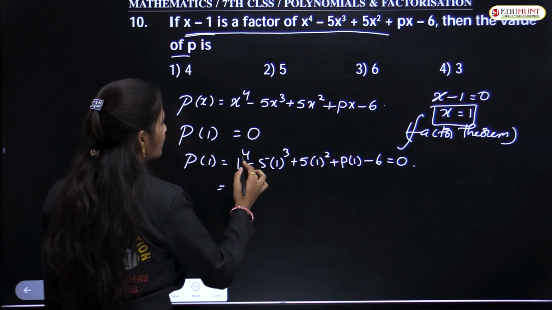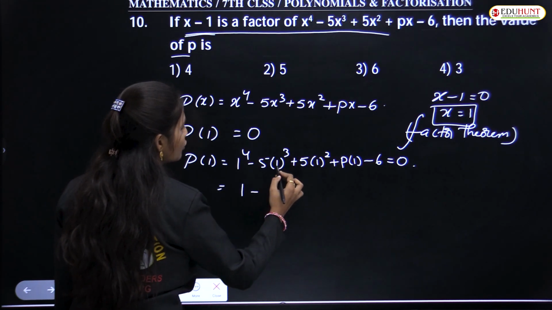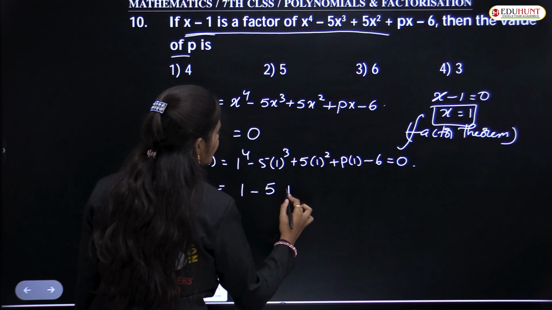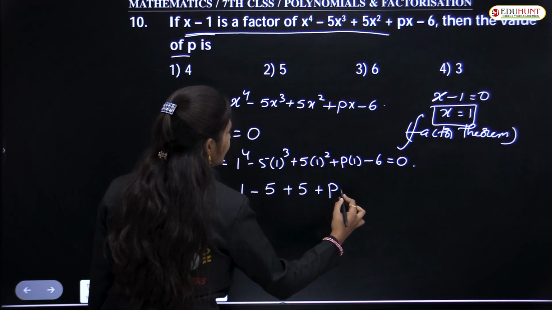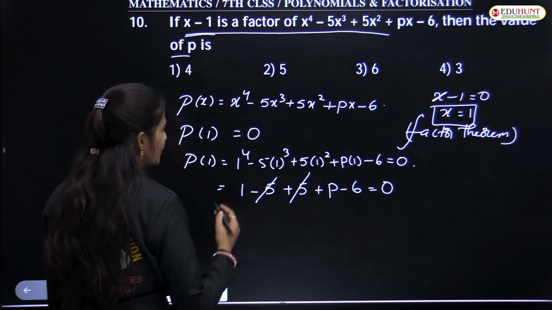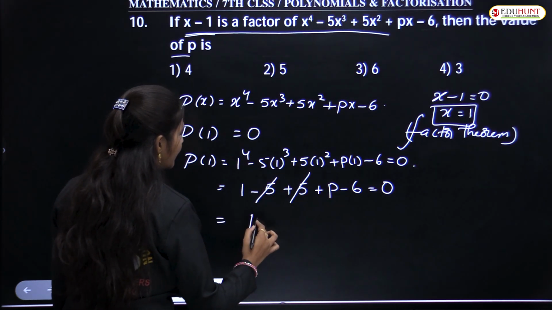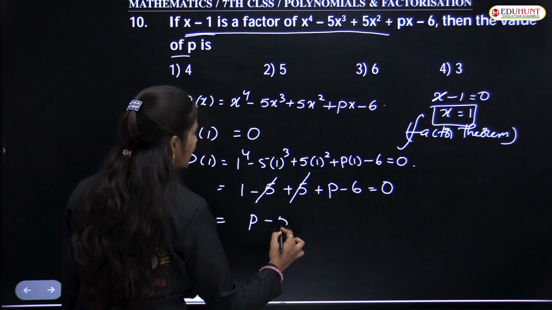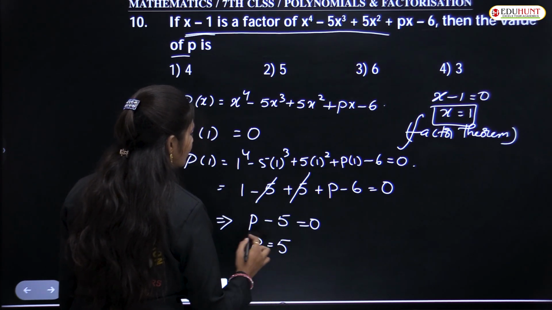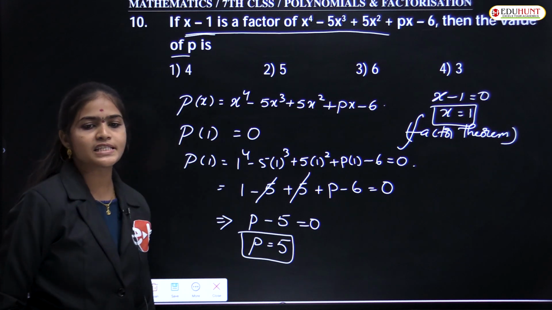So here 1 power 4 is 1, minus 1 cube is 1 into 5 is 5, and here 1 square into 5 is equal to plus 5, plus p minus 6 is equal to 0. So here plus 5 minus 5 gets cancelled. So here p minus 6 plus 1, so minus 5 is equal to 0. So p is equal to minus 5 becomes plus 5.